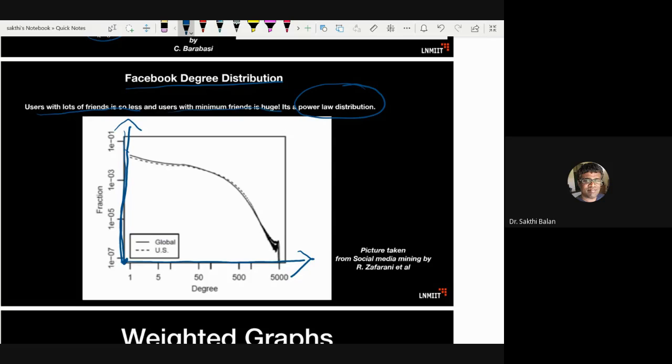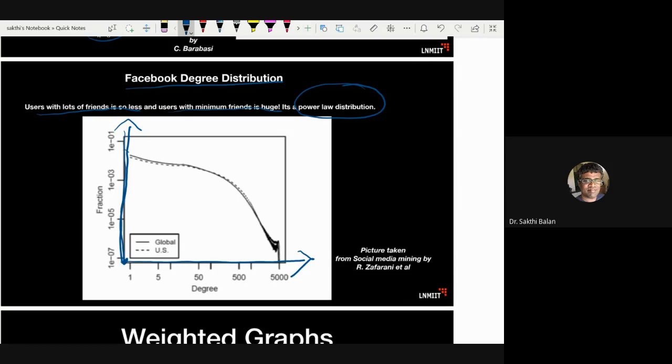So in addition to the number of nodes, the number of edges, and the average degree that you have, the distribution also gives you much more information about how the network looks. Okay, so this we will be seeing in many of the social network analysis, social network graphs.